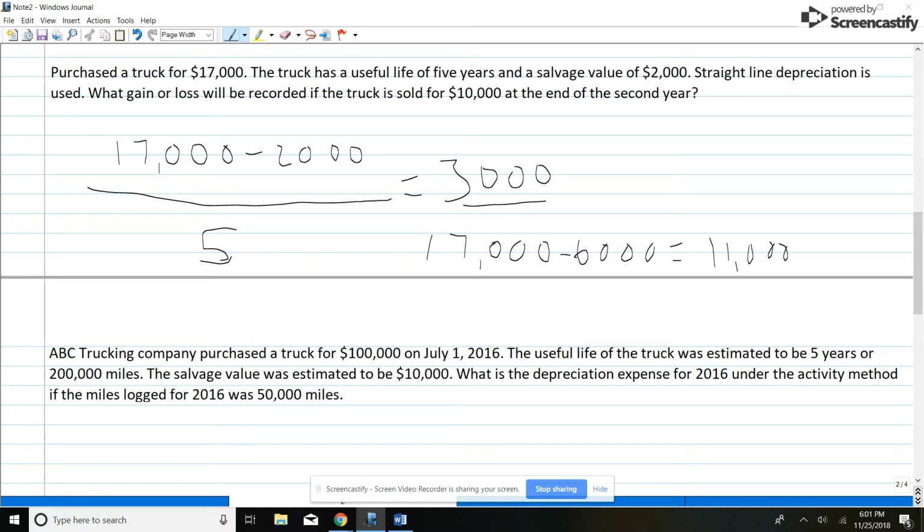The equation you could use, if you're an equation person, is gain or loss equals book value, or carrying value, whichever you prefer, minus cash received. Our book value was 11,000 minus 10,000, which equals 1,000. It's a loss.